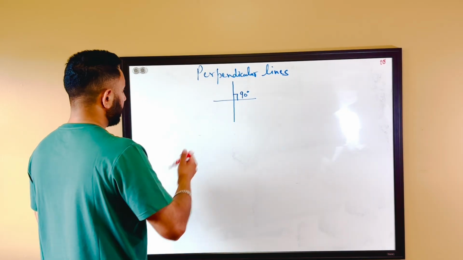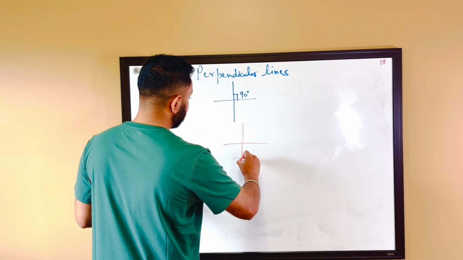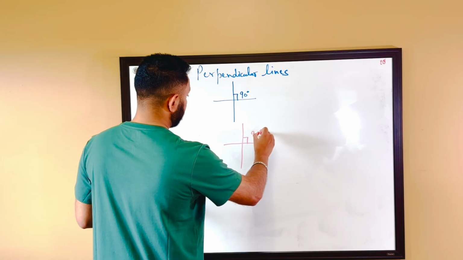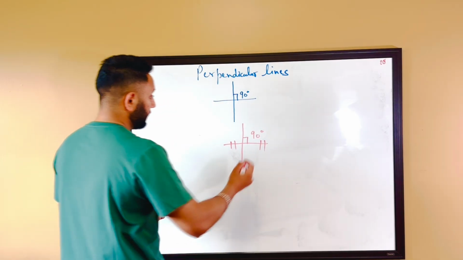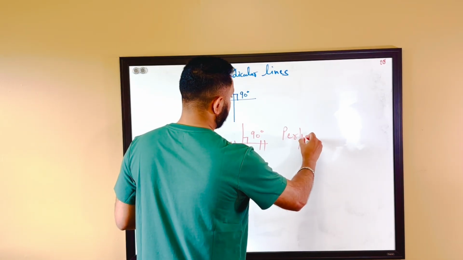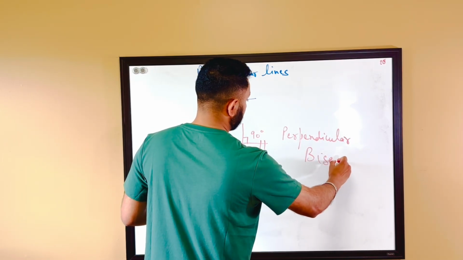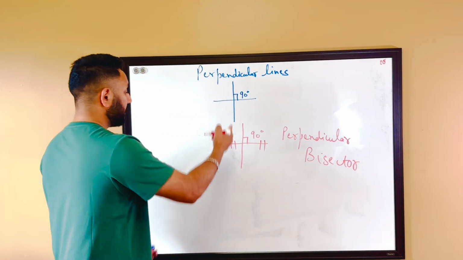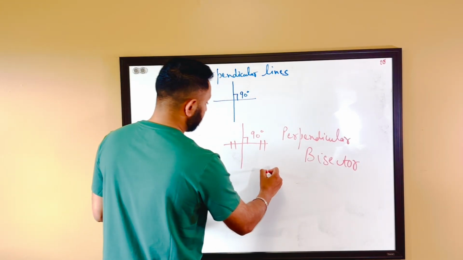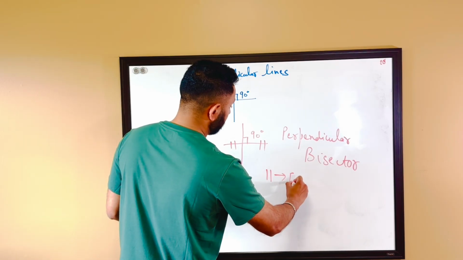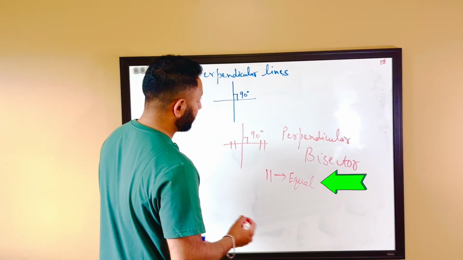Also, if these two lines intersect at 90 degrees and divide the line into two equal parts, then it is called a perpendicular bisector. Like this symbol represents equal.